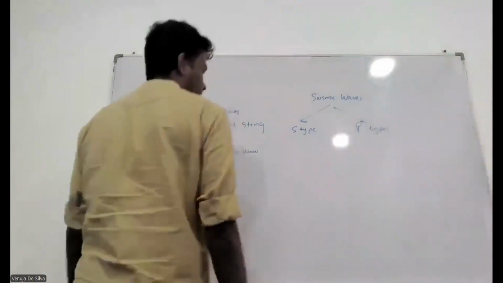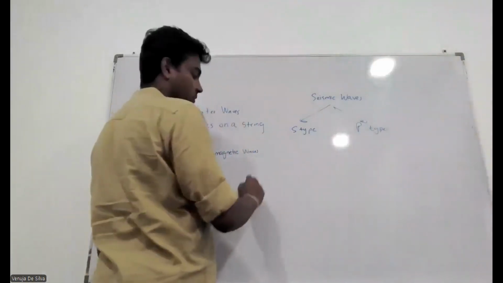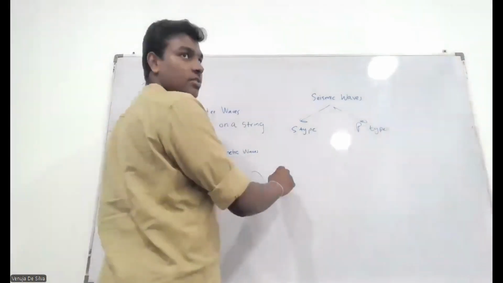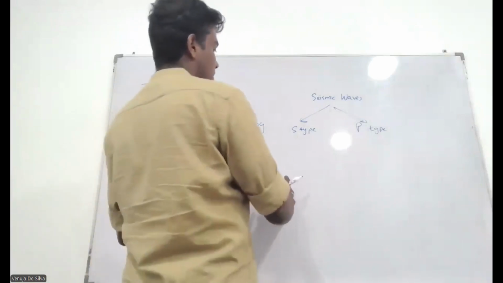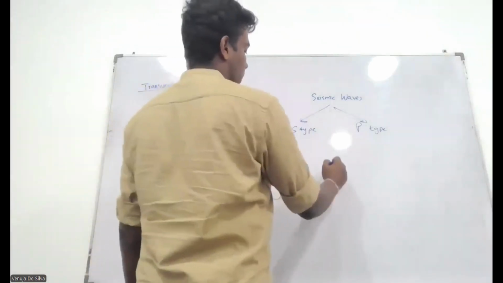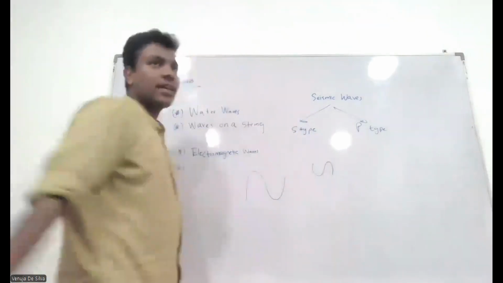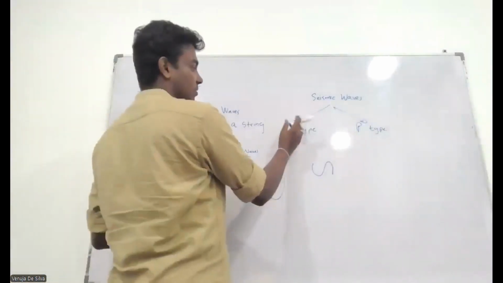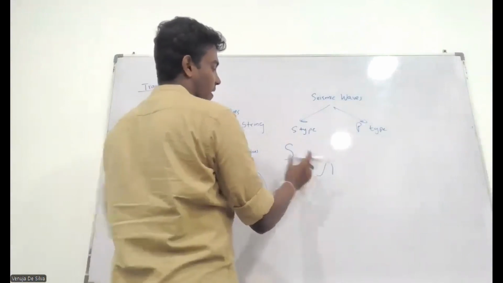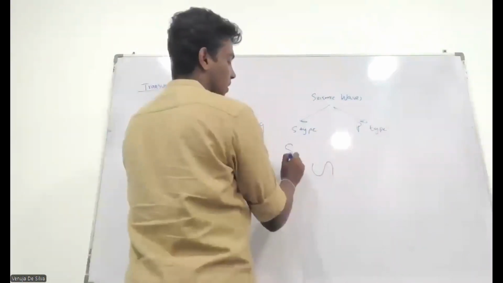What is the shape of a transverse wave? So yeah, it's like this, no? See, it's like this. If I were to flip this S, it would be like this, no?